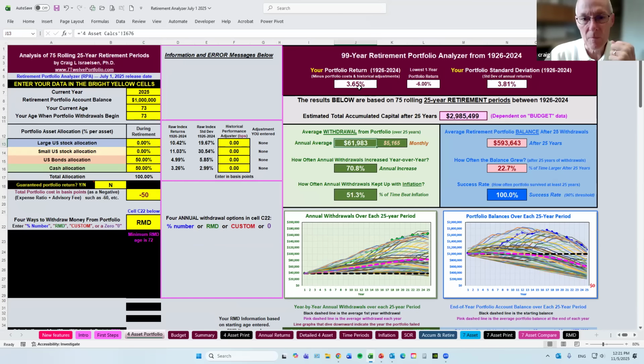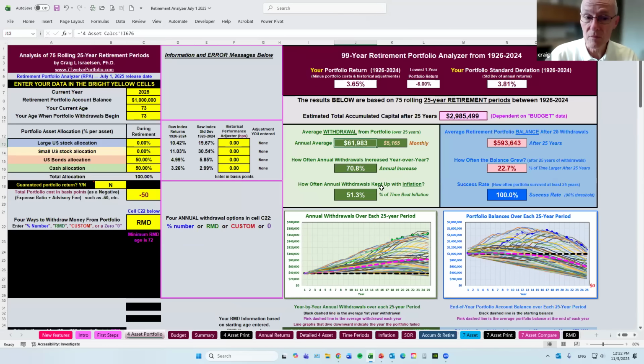So that portfolio, 50% bonds, 50% cash, had a 99-year average return of 3.65%, with a very low volatility score, standard deviation, ugly technical terms. So 3.5% is roughly the return of that type of portfolio.